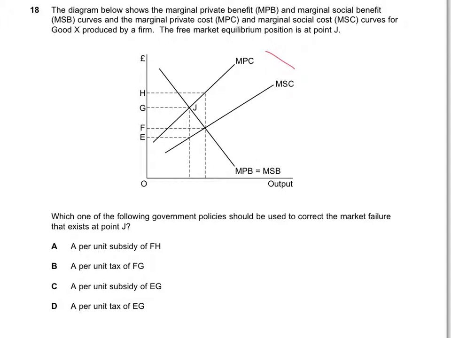The government policy that would attempt to increase the output is going to be a subsidy rather than a tax, so we can eliminate B and D. And now at the new equilibrium, which is this point that I've indicated here, the level of the subsidy is the vertical distance, and therefore the answer is FH, which is the same as that vertical distance, so the answer is A.